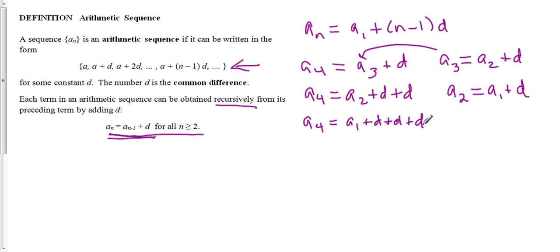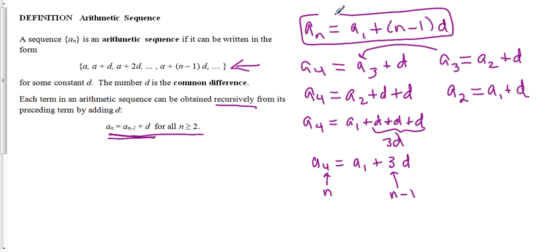I can't substitute in for that, but I could clean this up by writing it as 3d. So I've got a_4 is equal to a_1 + 3d, and wait a minute, if n is equal to 4, 3 is equal to n - 1, and that's the general formula that we started with.